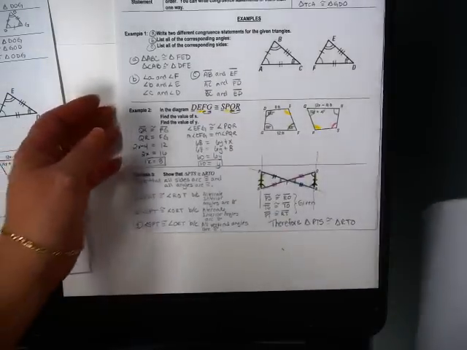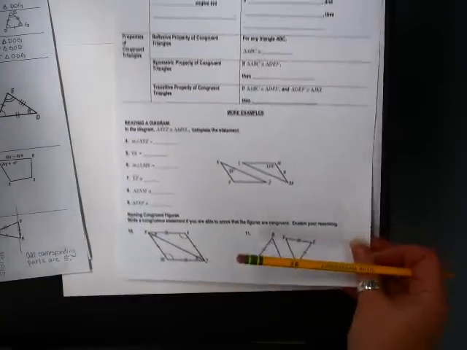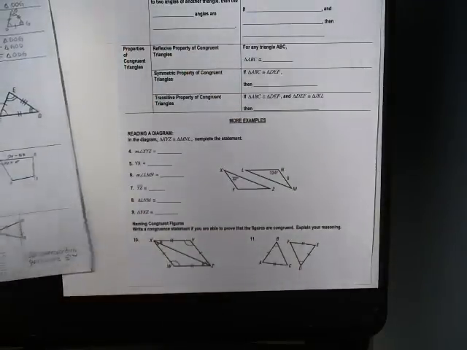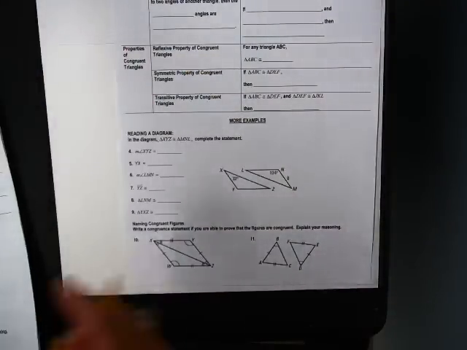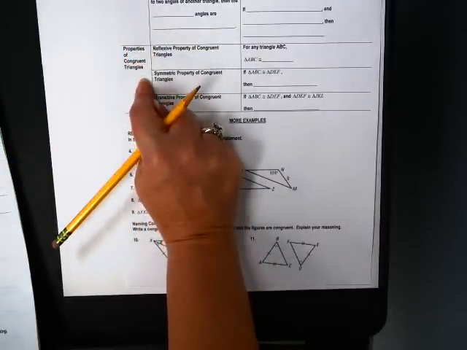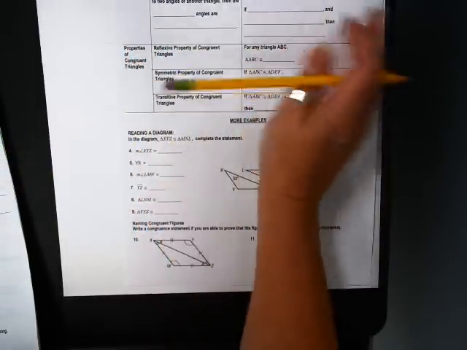So now let's flip over to page 2. Okay, page 2. We have two theorems that we're working with today. Our two theorems are the third angles theorem, and the properties of congruent triangles.